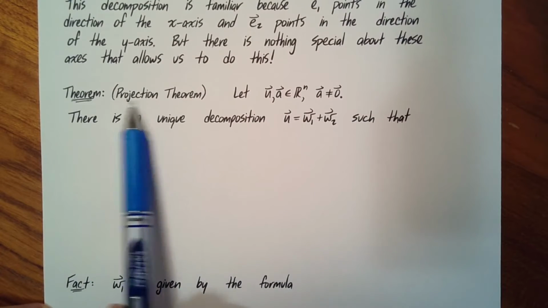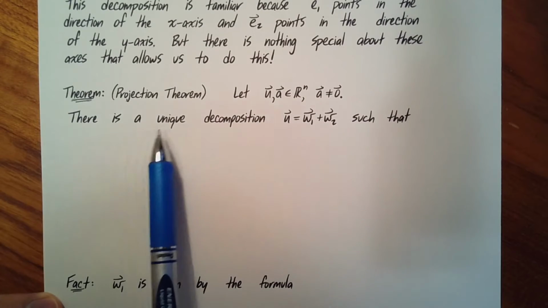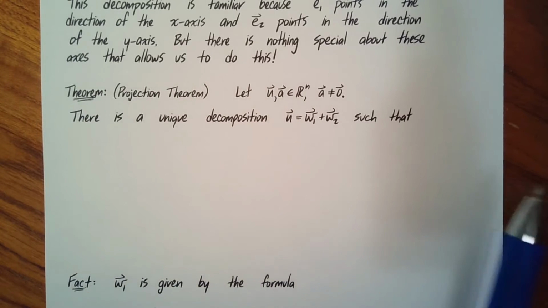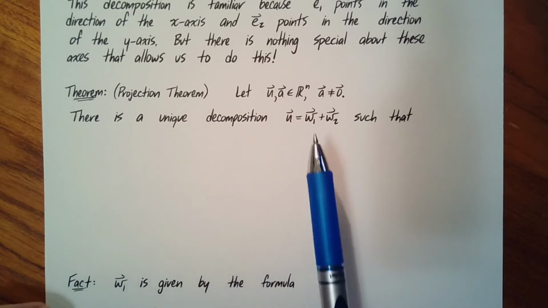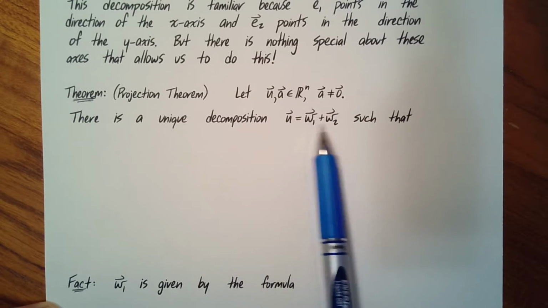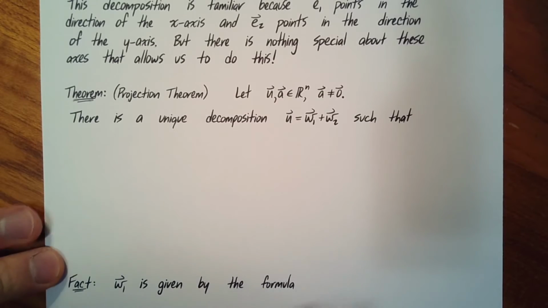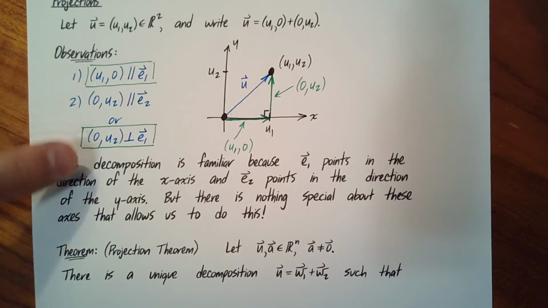So the projection theorem tells you that there is a unique decomposition, u is equal to w1 plus w2. What that means is there's a unique way to choose vectors w1 and w2 such that if you add them up you get u, but that also satisfies a couple of other conditions, which again are going to be the generalization of these two conditions.